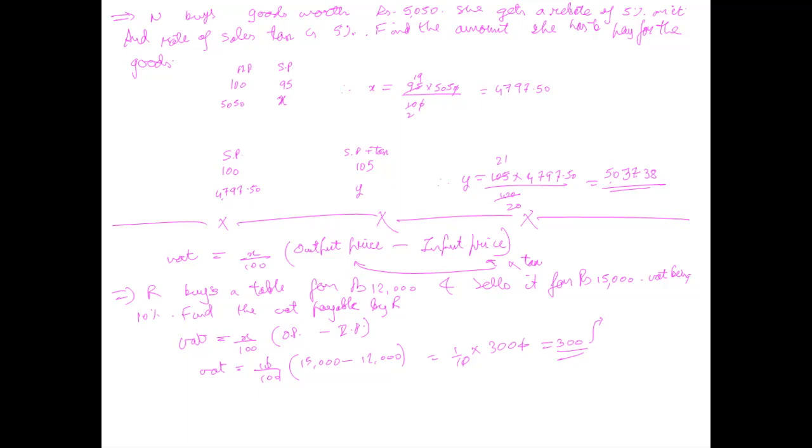Let's see another example. The question says, the cost of an article is rupees 6,000 to a distributor.